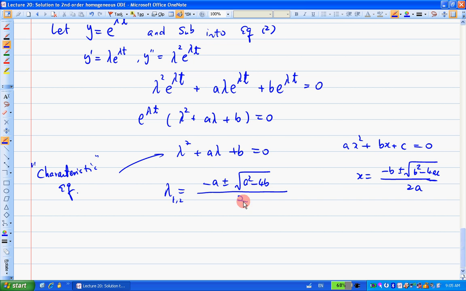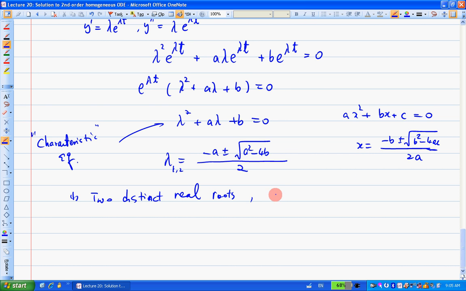All right, now things are not that straightforward here because the solution actually has 3 different cases. First, you could have 2 distinct real roots. When would you have that? When this guy is greater than 0.